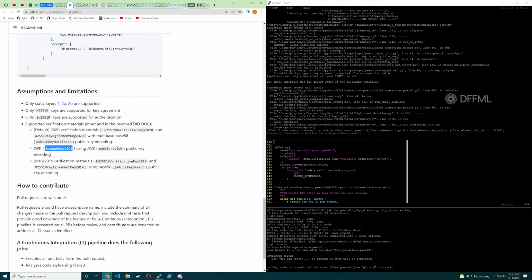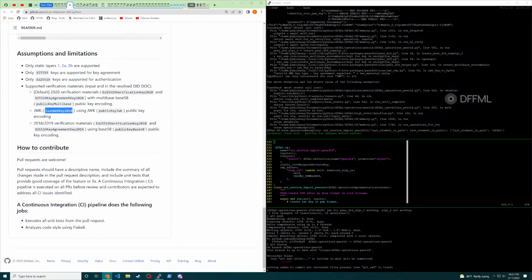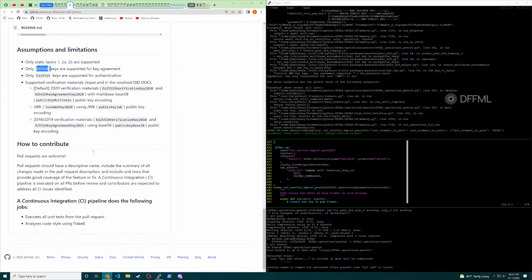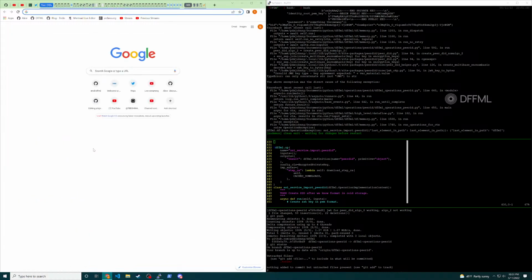Input and in the result. So JSON Web public, base58. So verification key only X. Okay. So what is this?